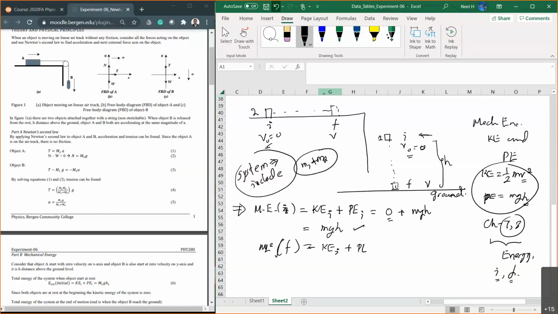Plus the potential energy, as object number 1 reaches the ground level.